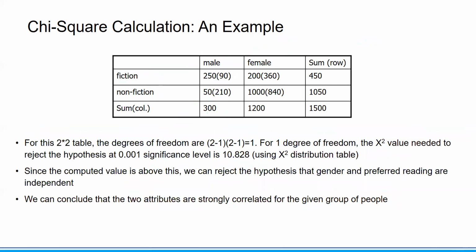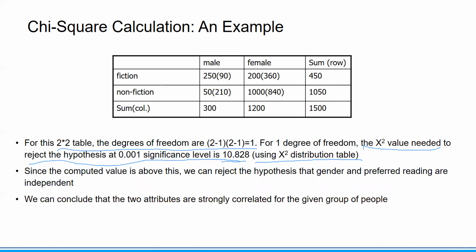From this 2 by 2 table, the degree of freedom is (2 minus 1) times (2 minus 1), which is 1. The chi-square value needed to reject the hypothesis at the 0.001 significance level is 10.828, using the chi-square distribution table.